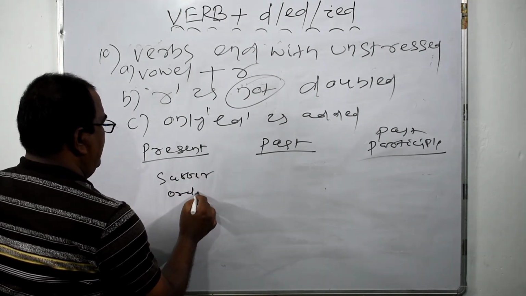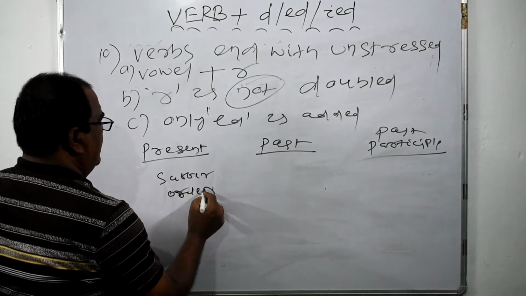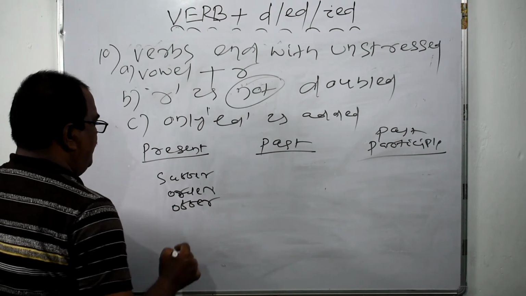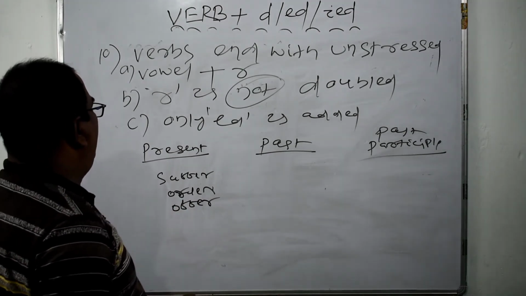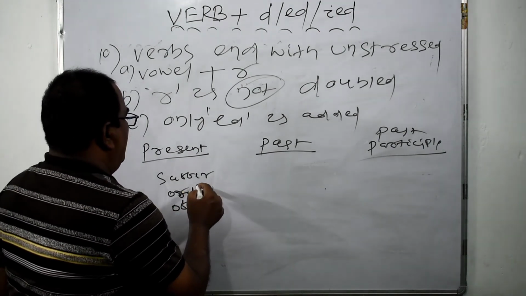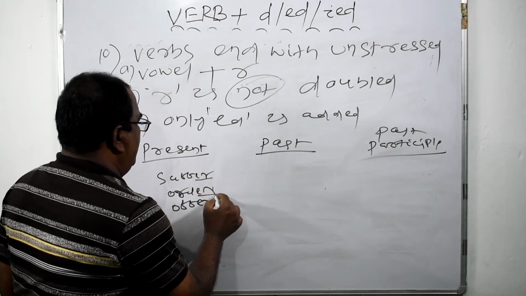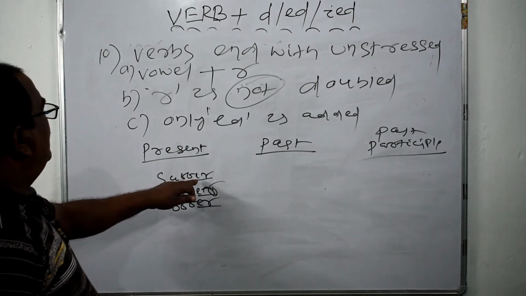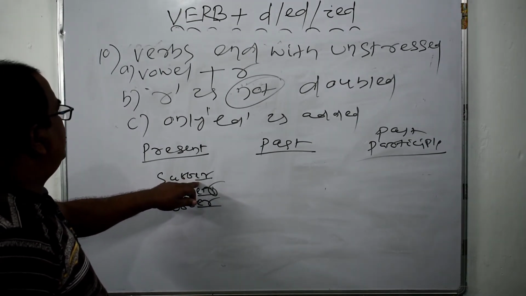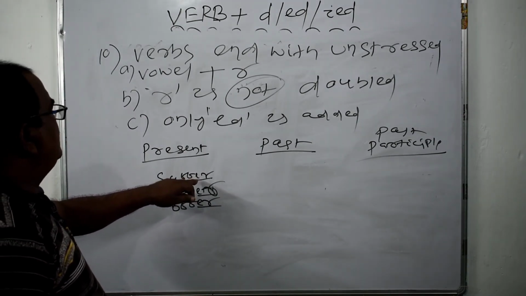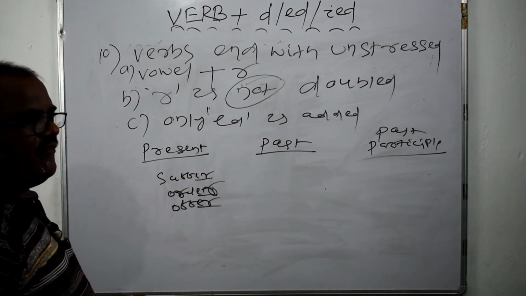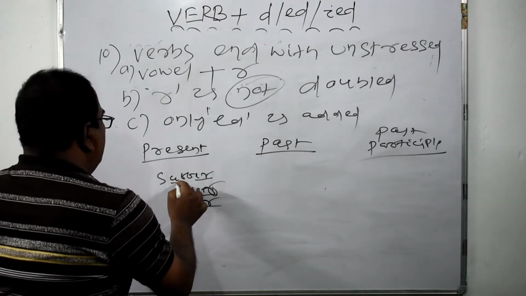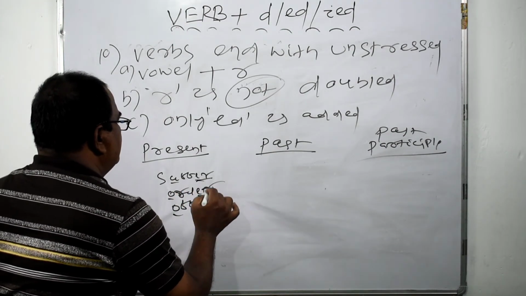Suffer, order, offer. Look at the verbs. All the verbs end with vowel and R. But here, the last vowel is not stressed. Suffer, order. Stress is here, but here is no stress.